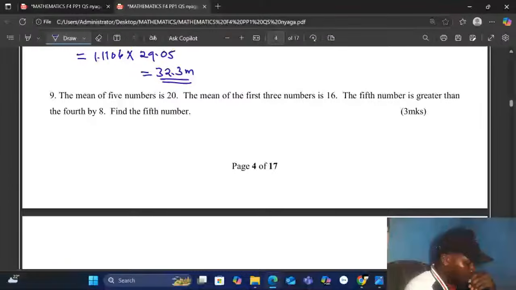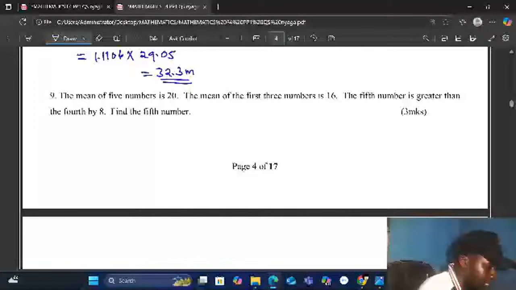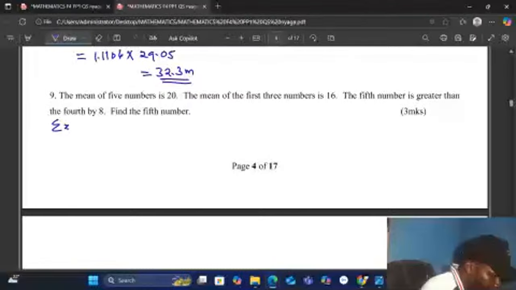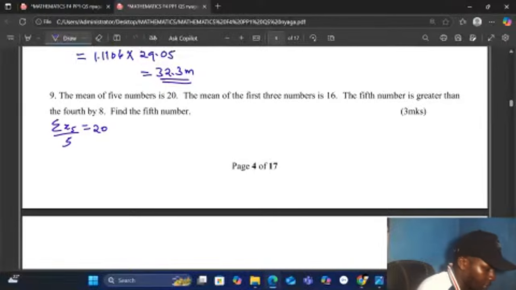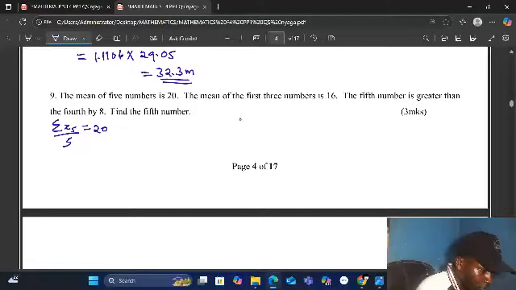Now, the mean of five numbers is 20. Dividing by 5, the mean is 20, so multiplying by 5 on both sides, the sum is 100.